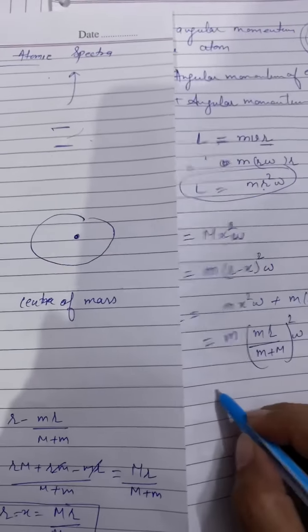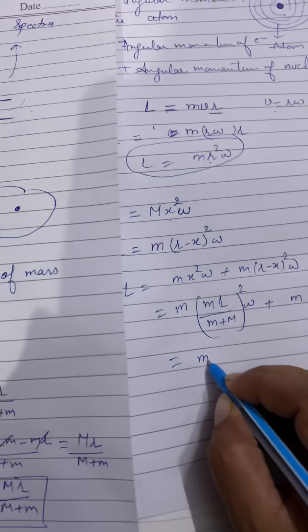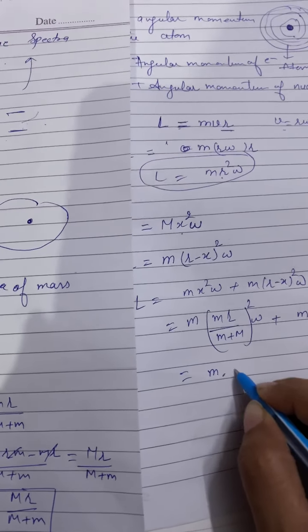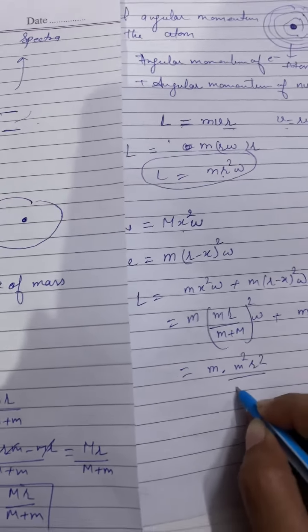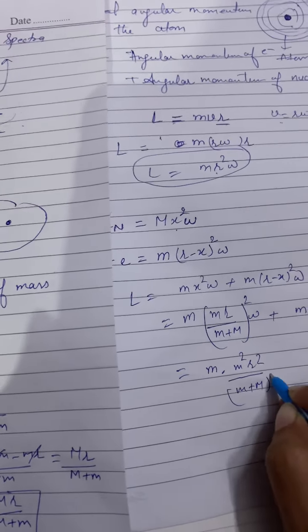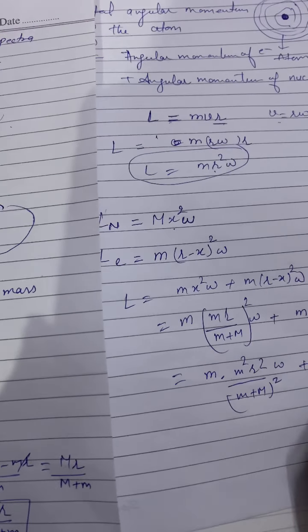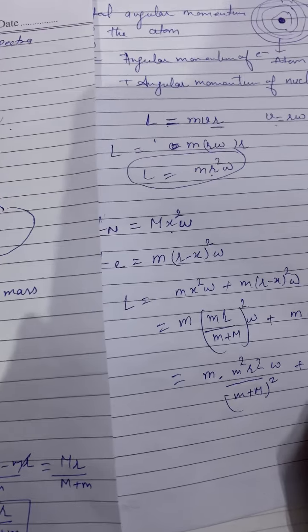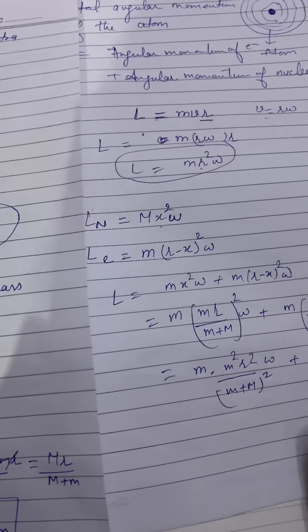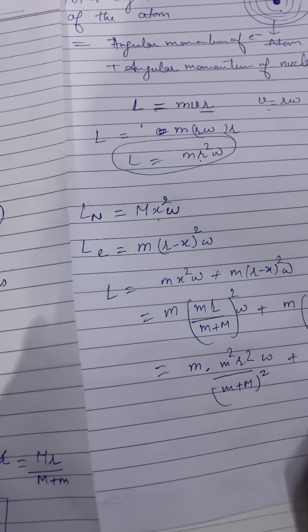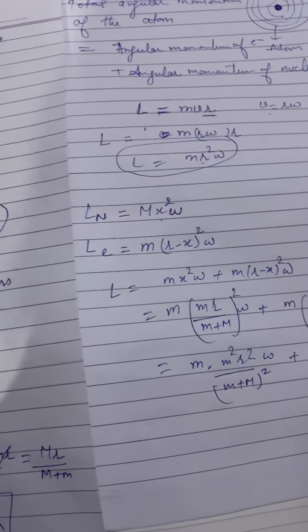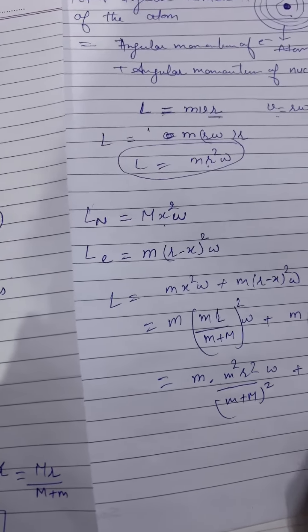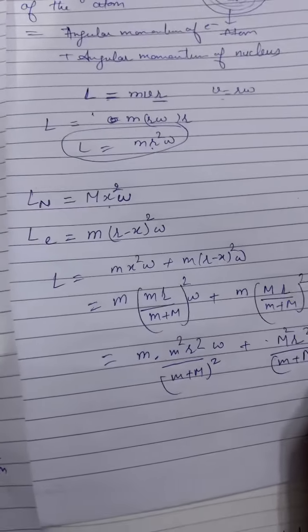On solving this equation, we will get M m square r square plus m M square r square divided by M plus m whole square into omega.